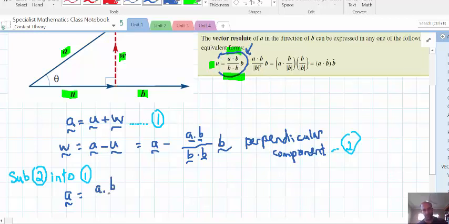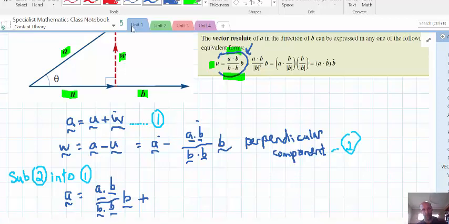So we have A dot B over B dot B times vector B plus, sorry, w. This w is going to be replaced by this expression for w here. So just to be more explicit, that is being expressed as this, and this one is expressed as that one.